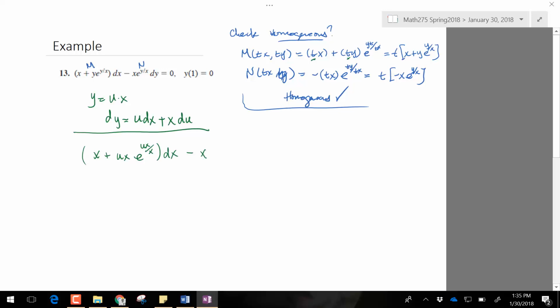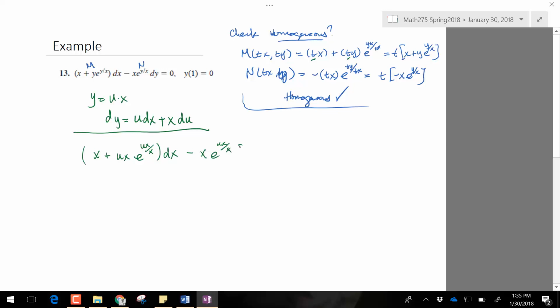So we have x plus y, which is u times x, times e to the y over x. So that's u times x over x. So this is a good sign because the x's will cancel, and now we have e to the u power, which is a little bit simpler to deal with. And then we have a minus x e to the u times x over x again.